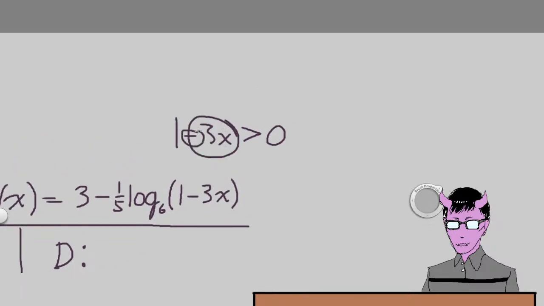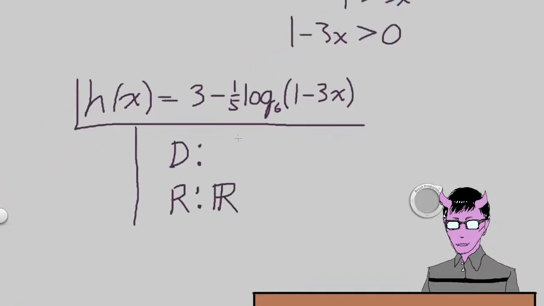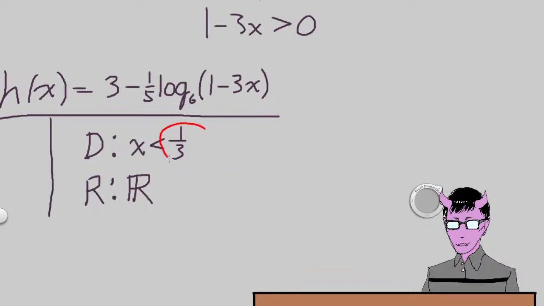I hate dealing with negative shenanigans, so plus 3x, plus 3x. So x is going to be less than 1/3. And then from here, we could just rip off the vertical asymptote. 1/3.